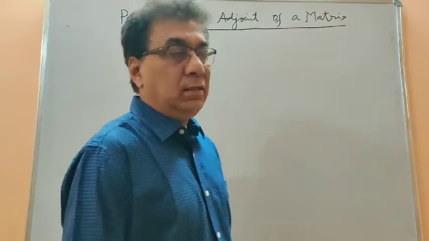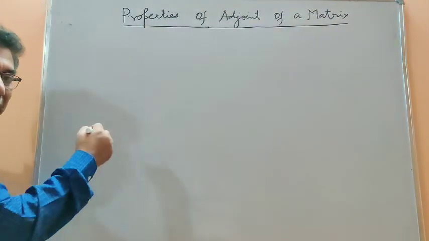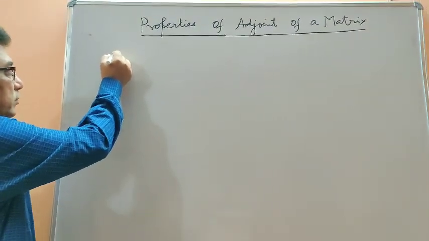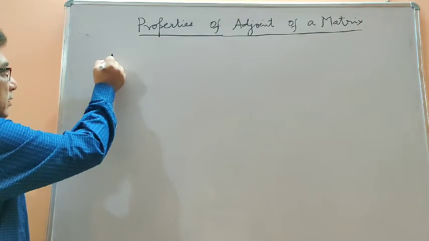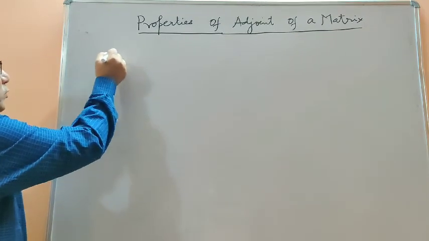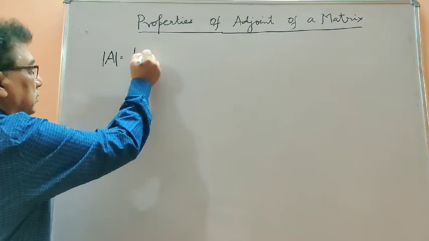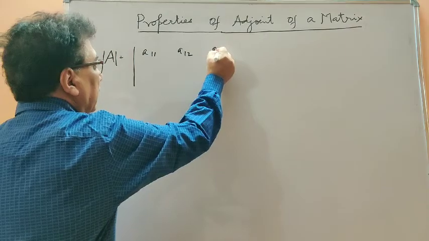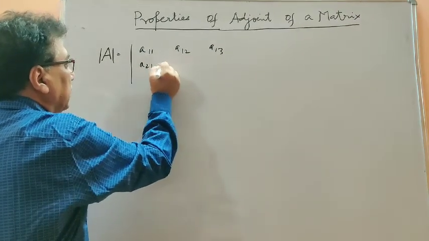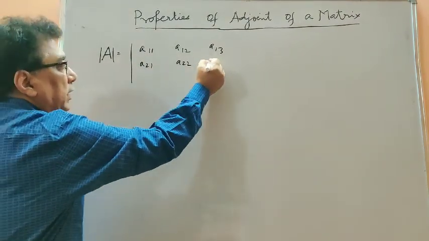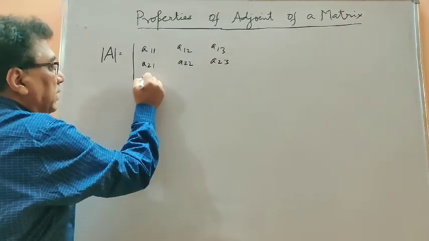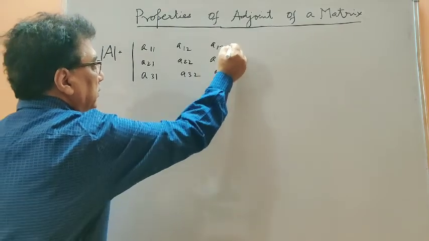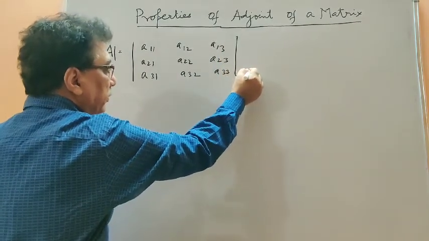Now, before I discuss the property, I have to explain one very basic thing. Suppose there is one determinant with elements A11, A12, A13, A21, A22, A23, A31, A32, A33. Suppose this is a determinant of order 3.